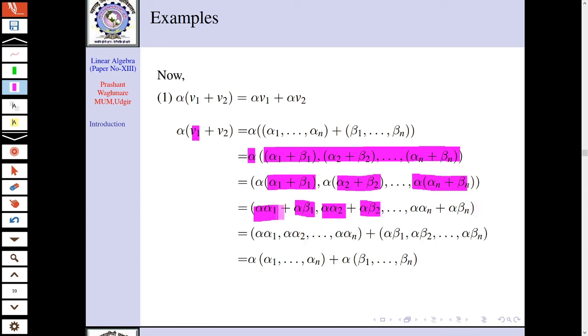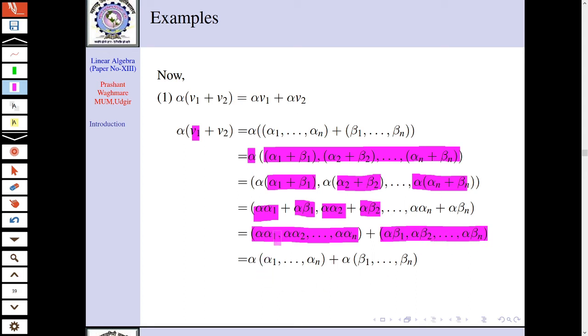After writing this, I can separately write the terms of alpha 1, alpha 2, alpha n in one bracket, that is (alpha alpha 1, alpha alpha 2, and so on, alpha alpha n), plus in the second bracket (alpha beta 1, alpha beta 2, and so on).